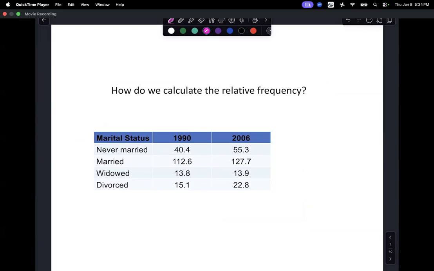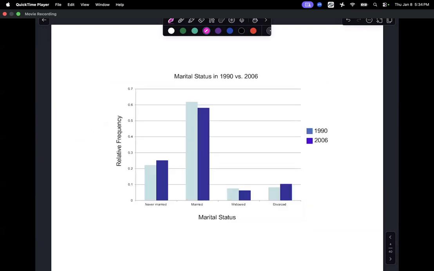Remember, relative frequency was the total number in that section divided by all of those sections added together. I'm not going to calculate it. Trust me, I calculated it, because this is a relative frequency histogram. I didn't actually show you the numbers. We just made our relative frequency histogram.